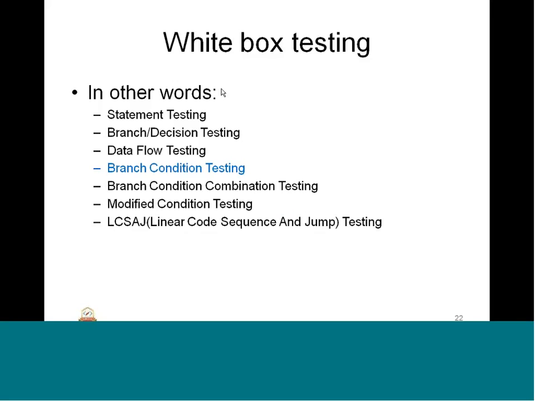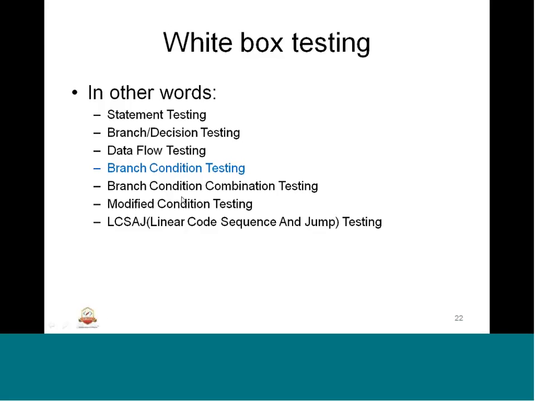Branches will be tested, and in data flow testing, the data objects of different types will be tested. In the next session, we will study branch condition testing, branch condition combination testing, modified condition testing, and the last type is LCSAJ testing. We will touch base on the D1 and MCDC also.